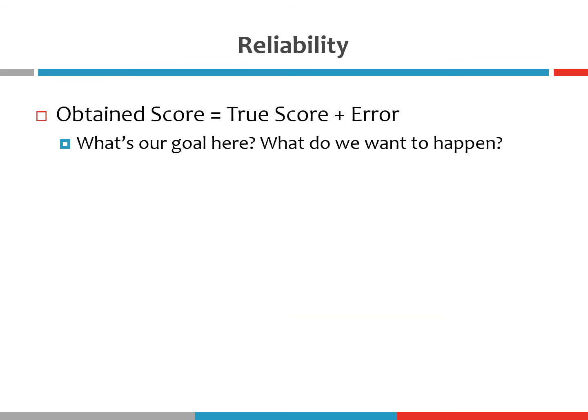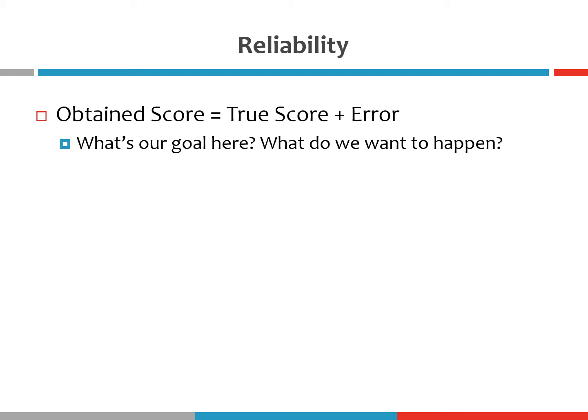Okay, so again, by way of review, for any measurement instrument that we are creating, our score on that instrument is going to be our obtained score. Whether it's a questionnaire looking at levels of depression, an intelligence test, or the self-concept clarity scale that we talked about last week, it doesn't matter what type of instrument we're using: the obtained score is the addition of the true score plus error.